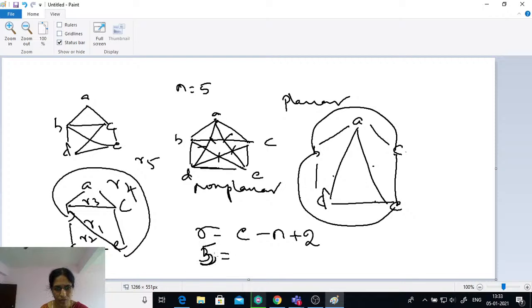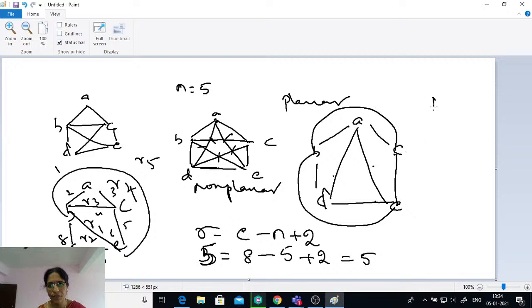Total how many regions? 5. Every cycle is one region. Now how many edges are there? 1, 2, 3, 4, 5, 6, 7, 8. Total 8 edges. So the number of vertices is 5, plus 2. So 5 equals 5. This is satisfied.